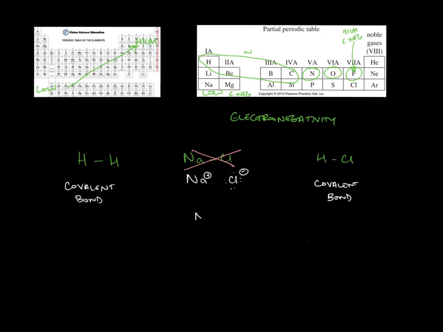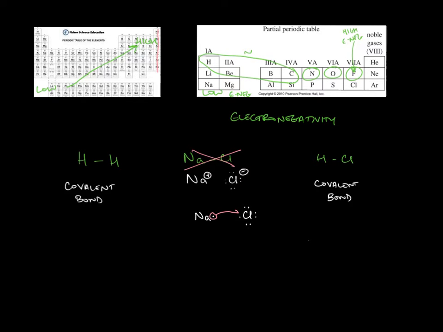If you think back to last video, we talked about the fact that sodium would have 1 valence electron. It's in column number 1. And chlorine would tend to have 7 valence electrons because it is in column number 7. However, they don't exist that way. This would be only if they were making a covalent bond, but they don't make covalent bonds. So what happens instead is we take that one electron from sodium and move it over to chlorine.